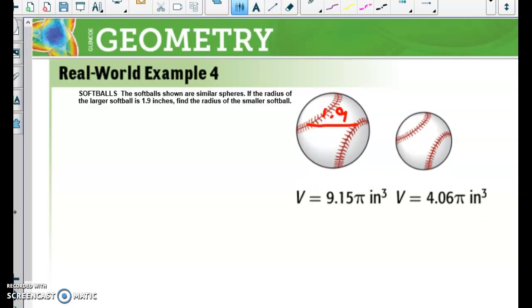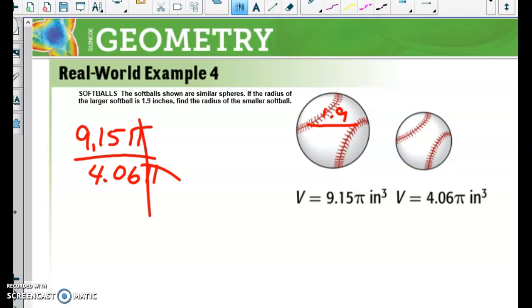So if we have the volume ratio, and we want to find the radius ratio, we need to cube root these numbers. So I'm going to take the cube root of 1.05. Just like before, we can simplify before we cube root.